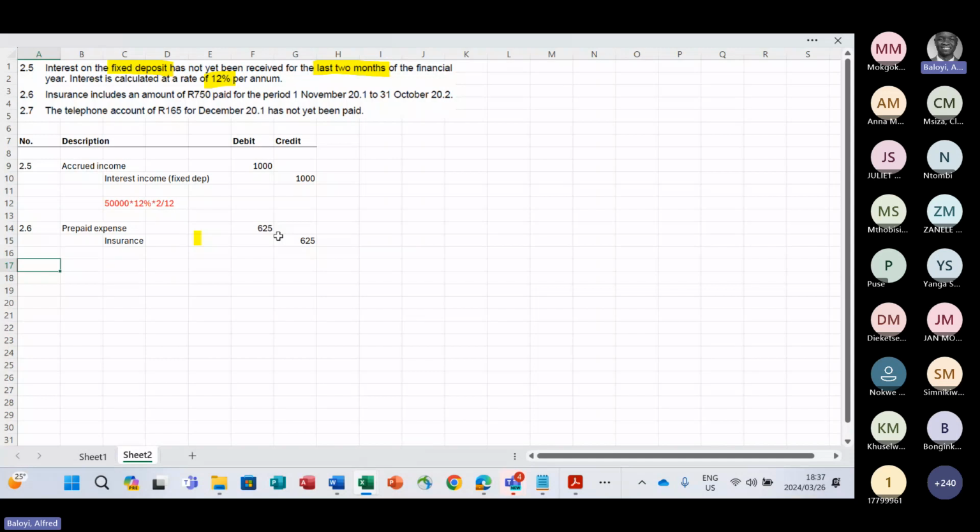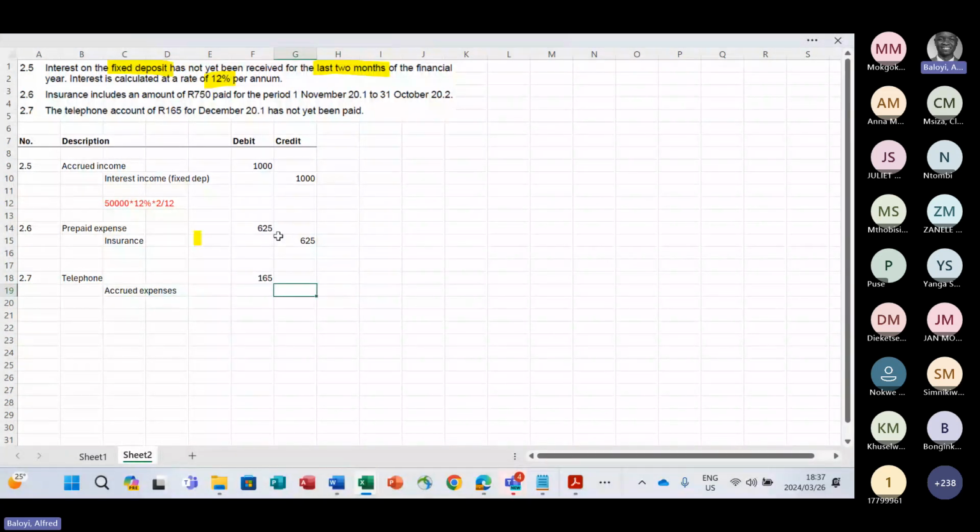And then 2.7, the telephone account of 165 for December has not been paid, right? So again, telephone is an expense account which must be accounted for every year. So for 1 month, it's not accounted for, and it will be included in accrued expenses.